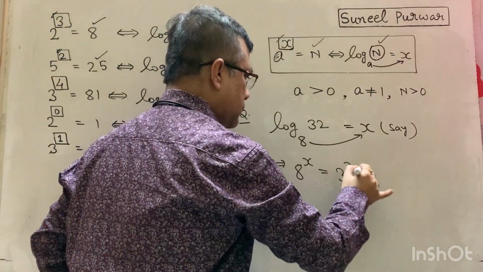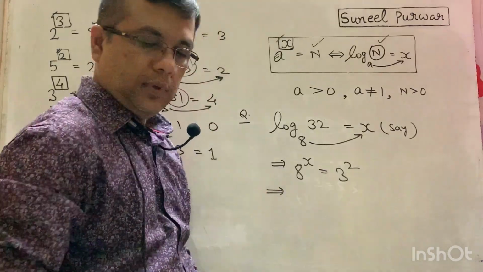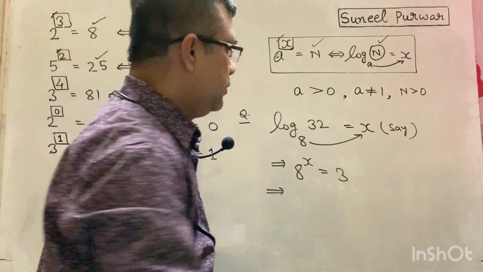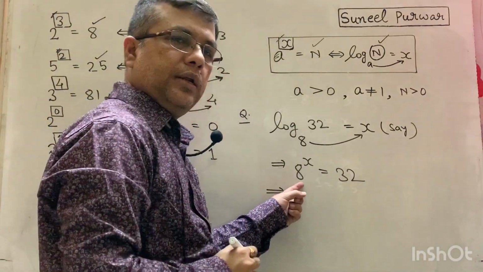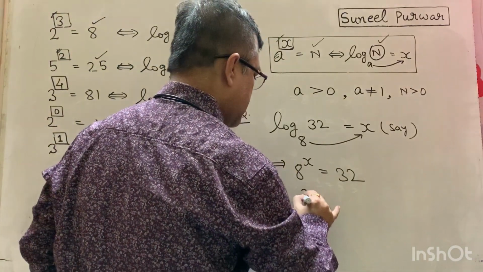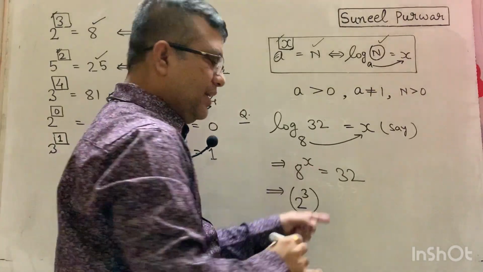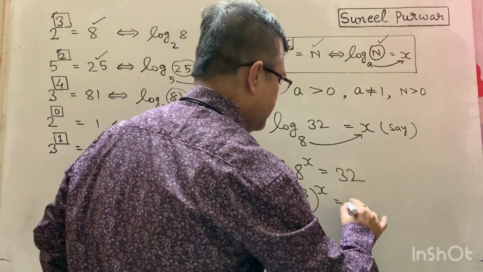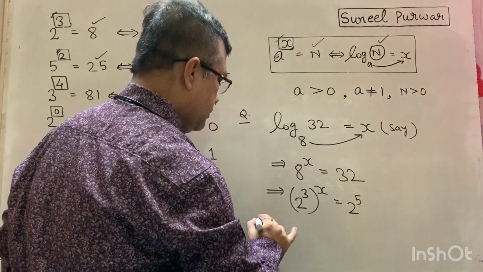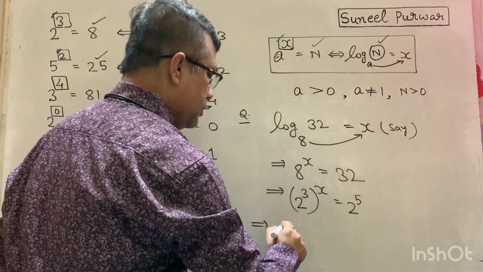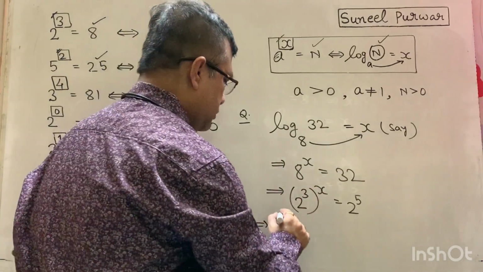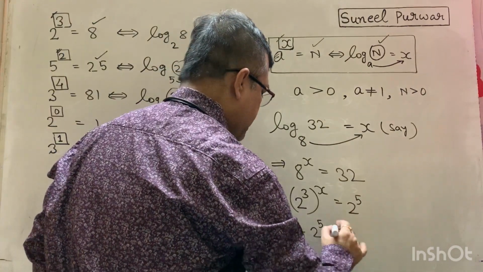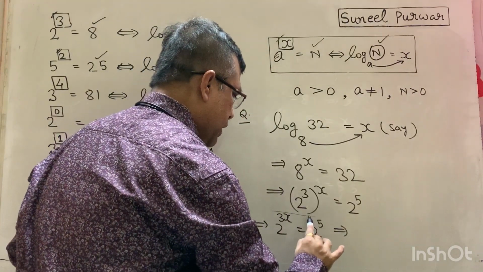Now, as you know, 8 and 32, they both come in the power of 2. Okay. So 8 can be written as 2 power 3, whole power x, is equal to 32, which means 2 power 5. So what you see? You see 2 to the power 3x equal to 2 to the power 5. So that means compare the exponents.